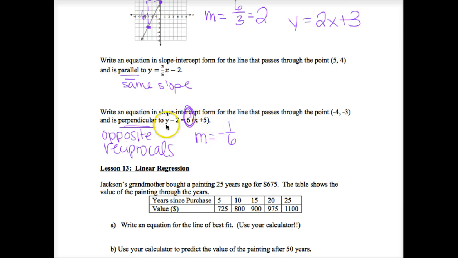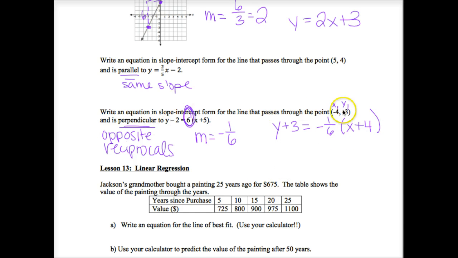I'm never going to look at it again, because my line goes through this point, which means I have to write it in point-slope form, because that's all I have, the slope and a point. I know it says slope-intercept form, but that's not what I'm given, so I need to start with what I'm given. So y minus y1, minus negatives become pluses, equals m, parentheses, x, minus negative becomes a plus. This is point-slope form.